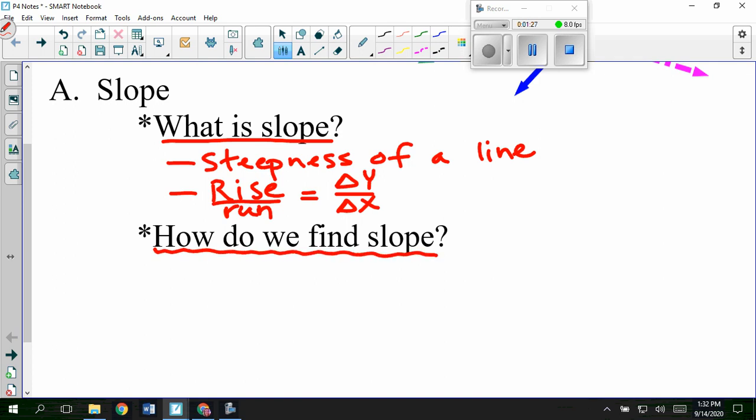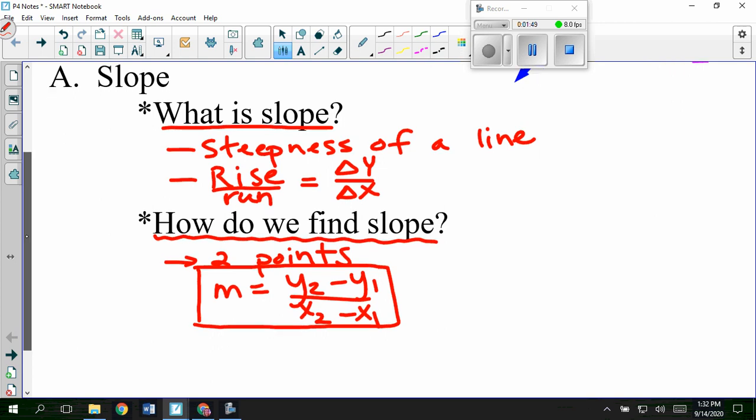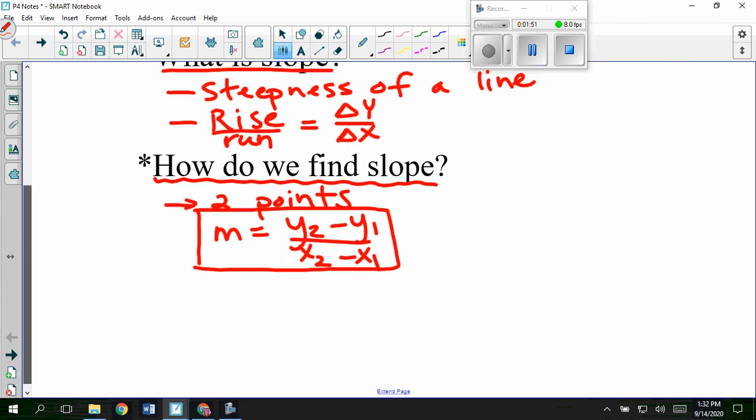And our expectation for you guys is that you should be able to find slope coming off of 2 points by using that great formula that we have seen so often, y2 minus y1 over x2 minus x1. So we definitely expect that you should be able to find slope using that. We also, just to make sure that we're clear, have an expectation that you can find slope off of a graph.